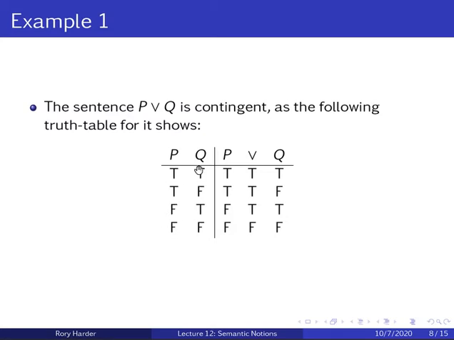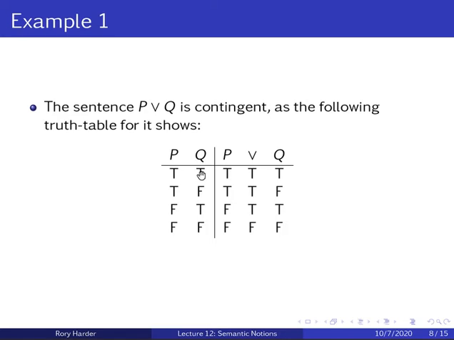So for P and Q, we have 4 possible valuations, 4 possible ways of assigning truth values to them. There's a case where they're both true at the beginning, a case where they're both false at the end, and there are 2 cases in which they differ.